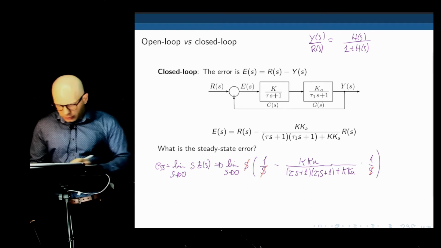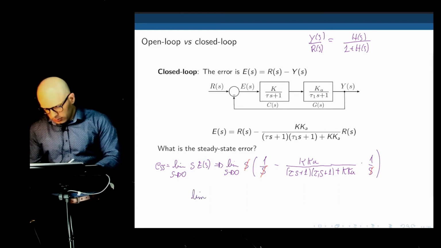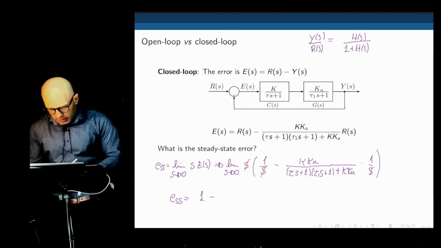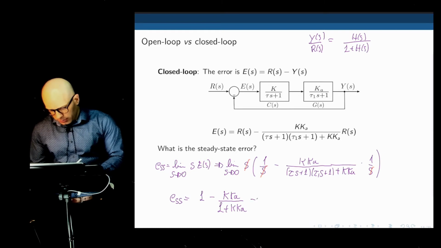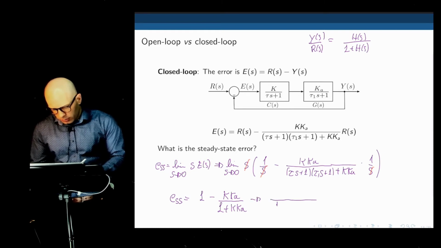And what is the result here? The limit when s tends to 0 is what? Your steady state error is 1 minus KKa divided by 1 plus KKa. We can find a common denominator here. 1 plus KKa.